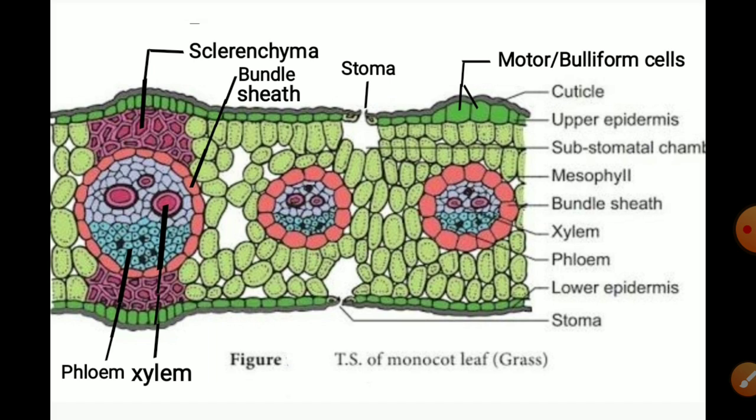So this is a sort of rolling and unrolling, folding and unfolding of the very long broad lamina of the leaf. It is brought about by the activities of these motor cells, depending upon the availability of water moisture in the soil.